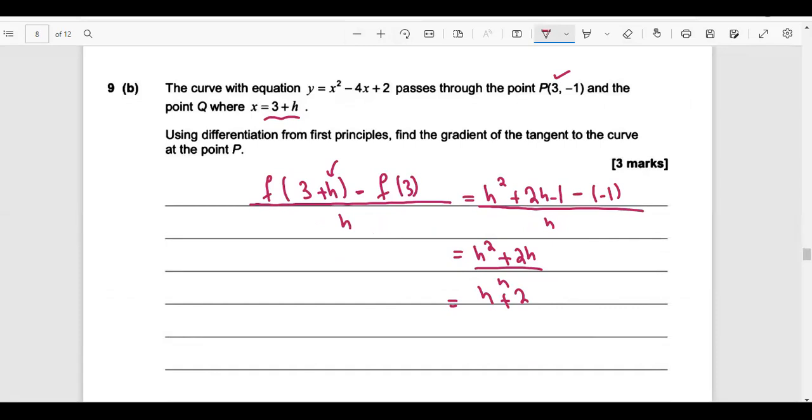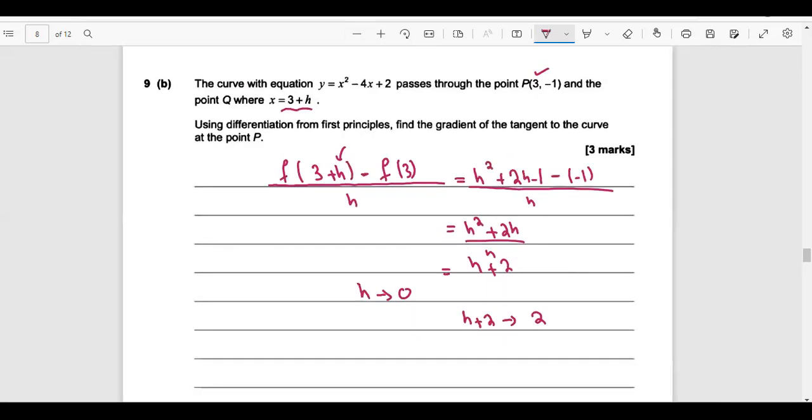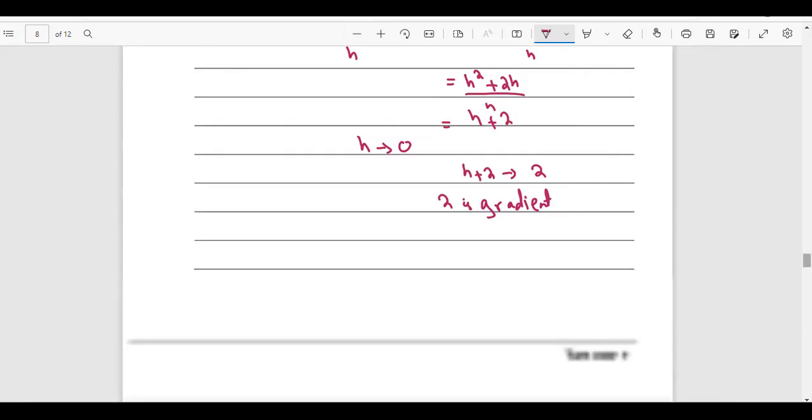It is not 0 exactly, but approximately 0. So when h tends to 0, h plus 2 would give me 2. So this is the gradient of the tangent at this point, right? Yes. Sure that you have understood this one? Yeah. Okay, all right. Let's talk about the next one.